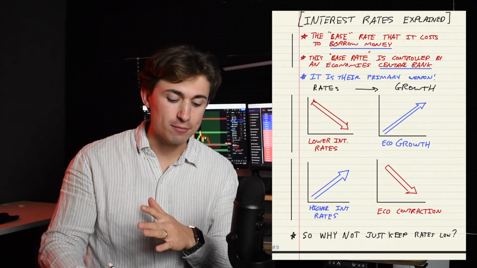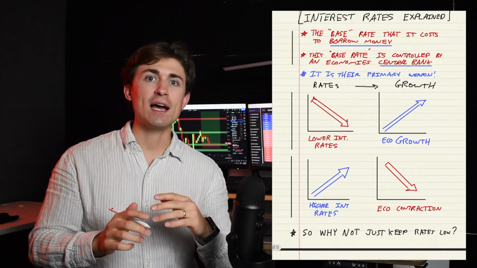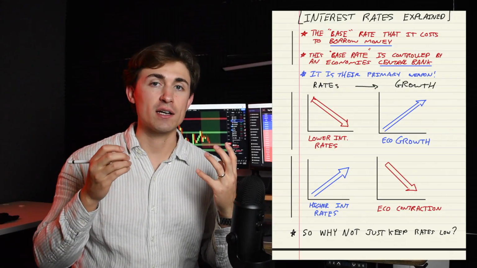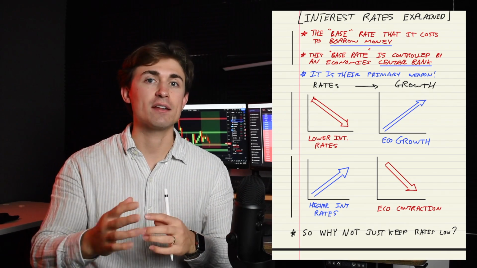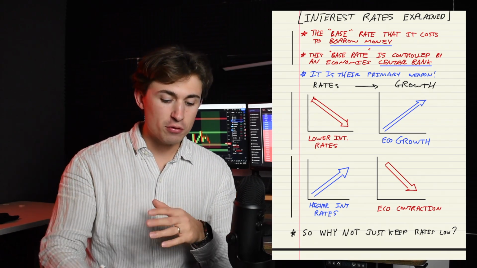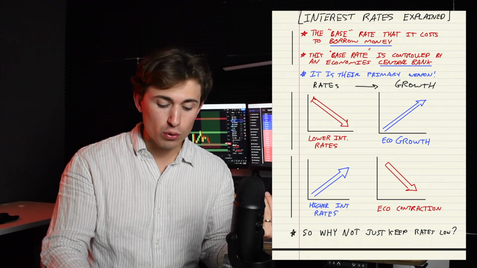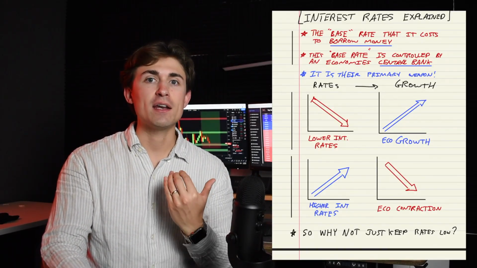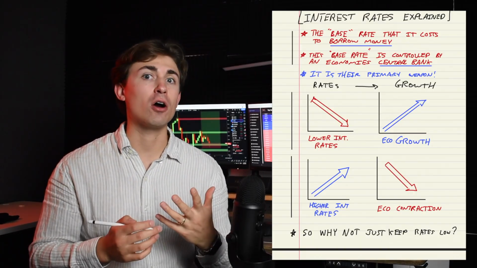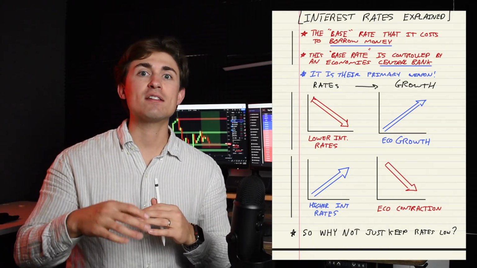So what I mean by that is a central bank has a base rate, or an interest rate, that they can set for borrowing and lending in their respective economies. This base rate is controlled and set by an economy's central bank. Now, if you are trying to buy a car or buy a house, you need to take loans, right?